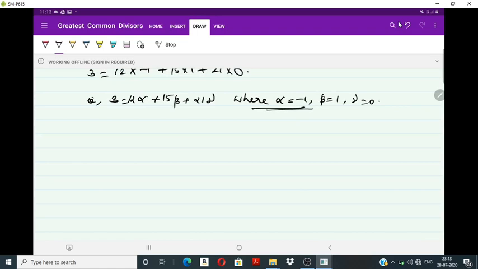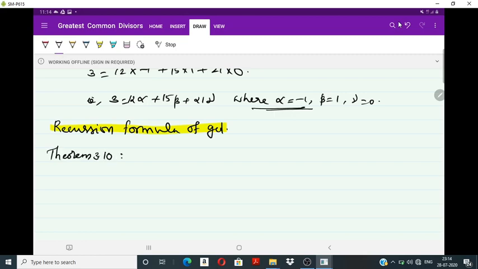Next we move to the recursion formula for finding the GCD, recursion formula of GCD. Okay, it is stated as a theorem. Theorem number is theorem 3.10.